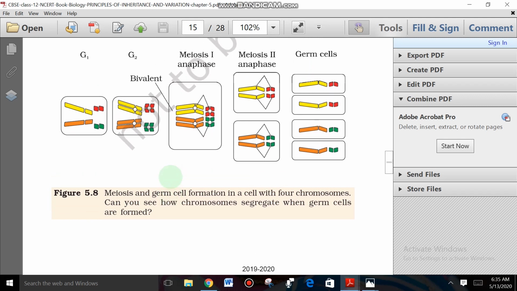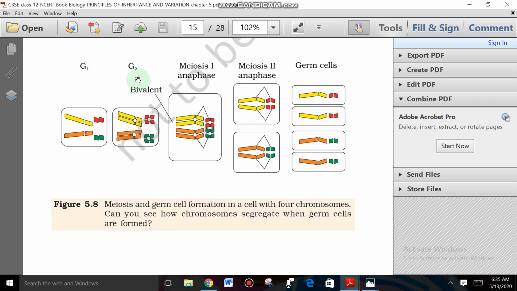This is the first diagram. Understood or not? Gap 1 phase, gap 2, and actually this is S phase. In the S phase, DNA replication happens and the chromosome number is doubled. In meiosis, there is a reduction of the chromosomes. Reduction of chromosomes means what?